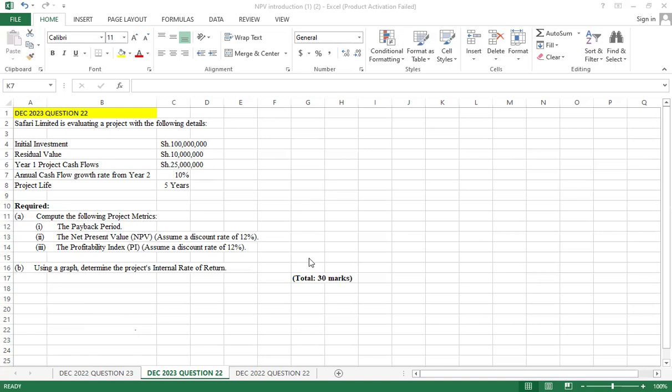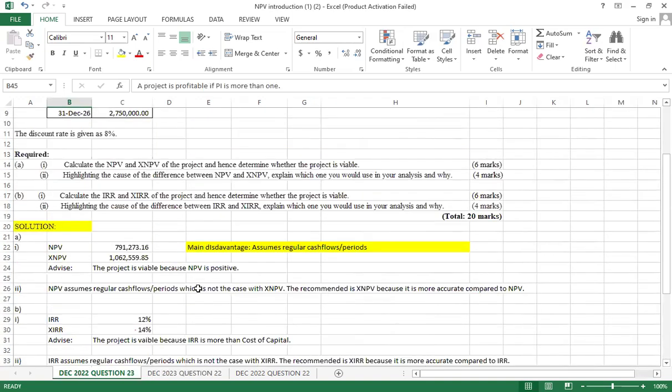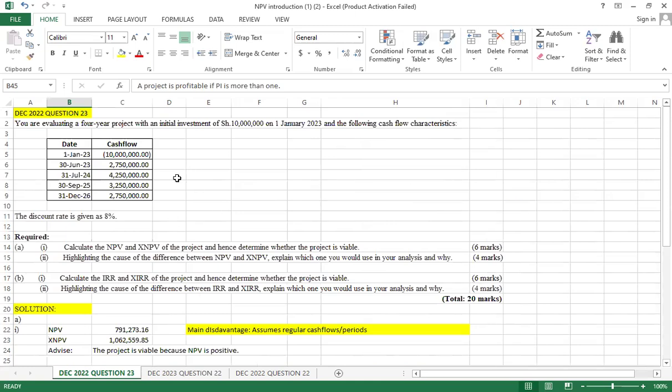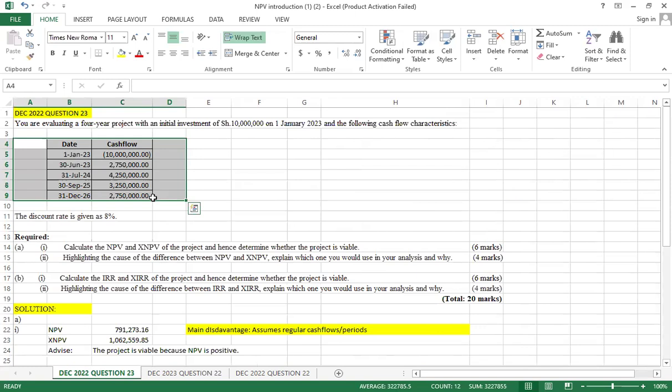Now, ladies and gentlemen, allow me to explain that not all questions will summarize project cash flows the way we had it summarized here. Some questions will be a bit comprehensive, in that you will not have the cash flows summarized.